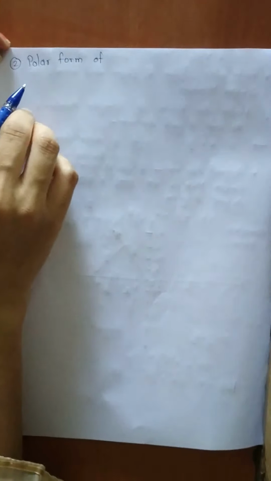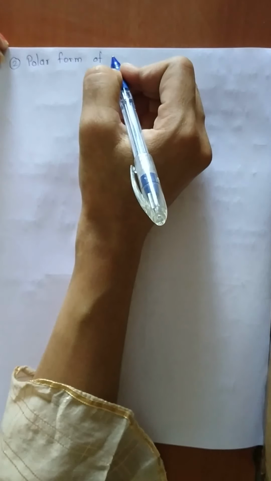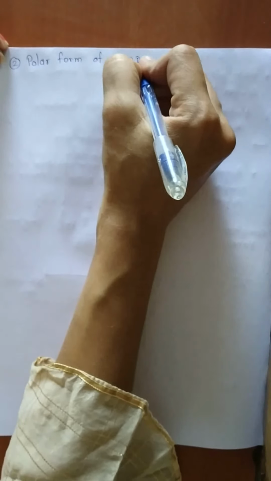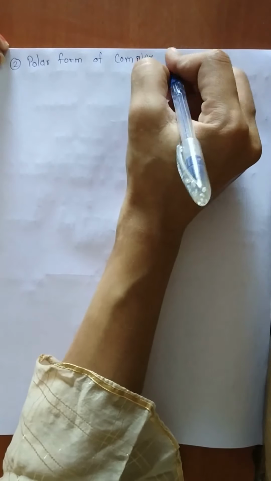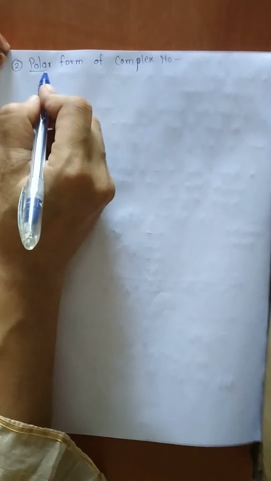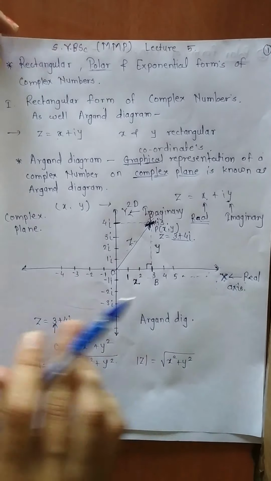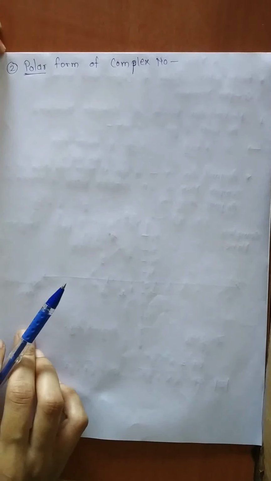In mathematical methods, that is in MMP, you have already studied the different types of coordinate systems: Cartesian coordinates, spherical polar coordinates and cylindrical coordinates. Previously we represented a complex number on the Cartesian coordinate system. Now we have to represent our complex number in the polar coordinate system.